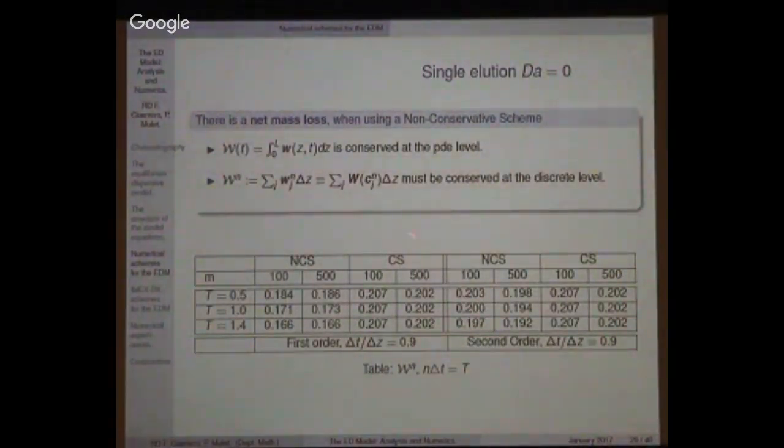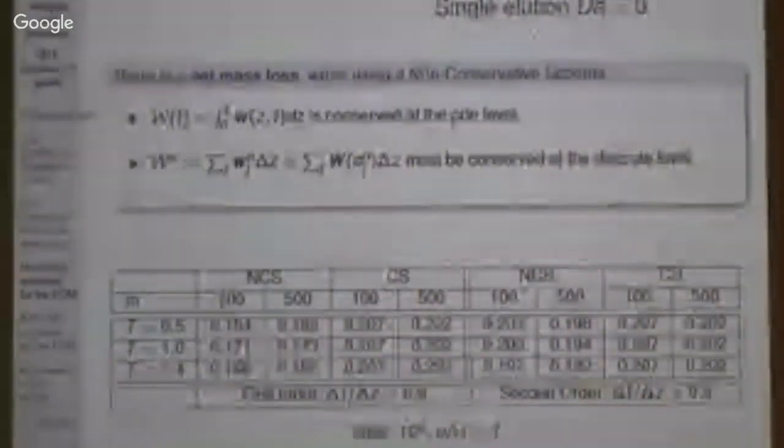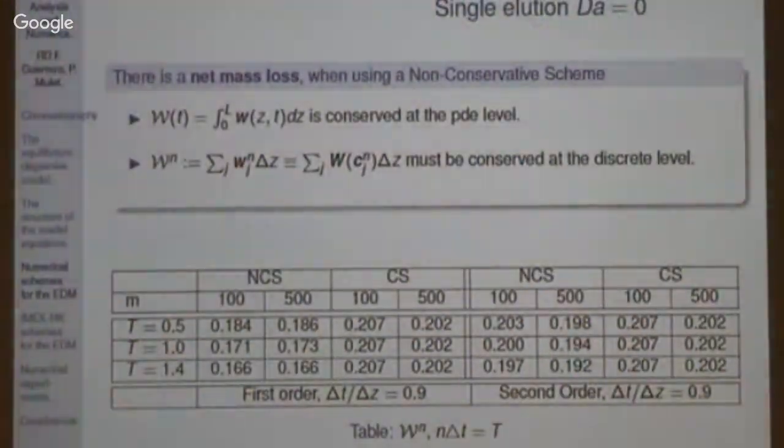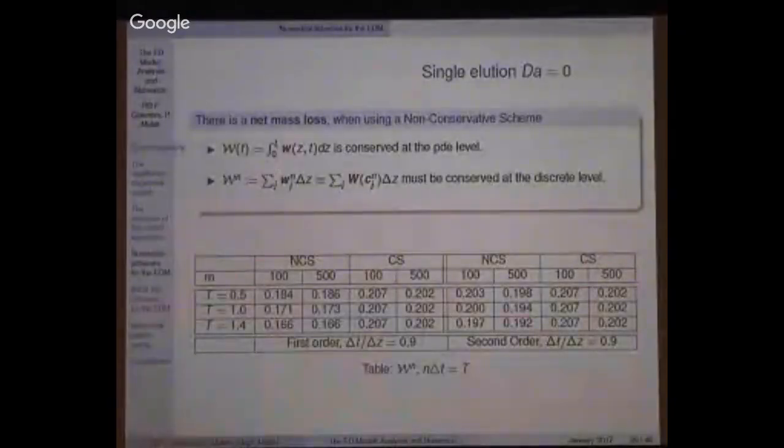So here's a table to convince you, okay? So we're in the conservation law case, so dA is equal to 0. There's no diffusion. Everything that should be conserved must be conserved, okay? So this is what should be conserved at the PDE level, the total mass of what the PDE says should be conserved. So you compute this discrete version of that, okay?